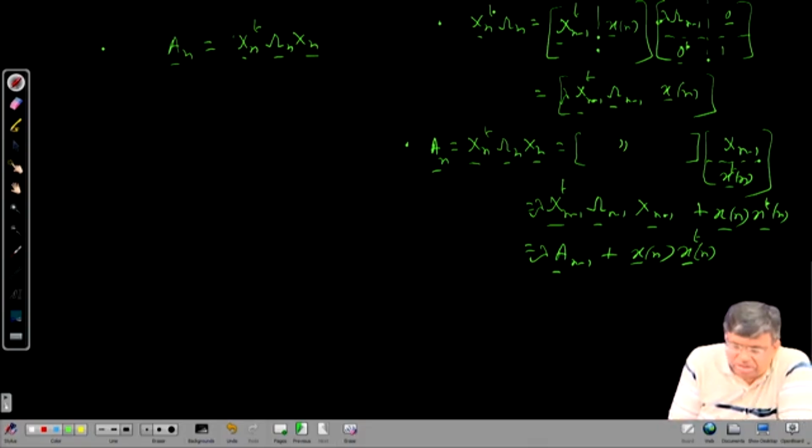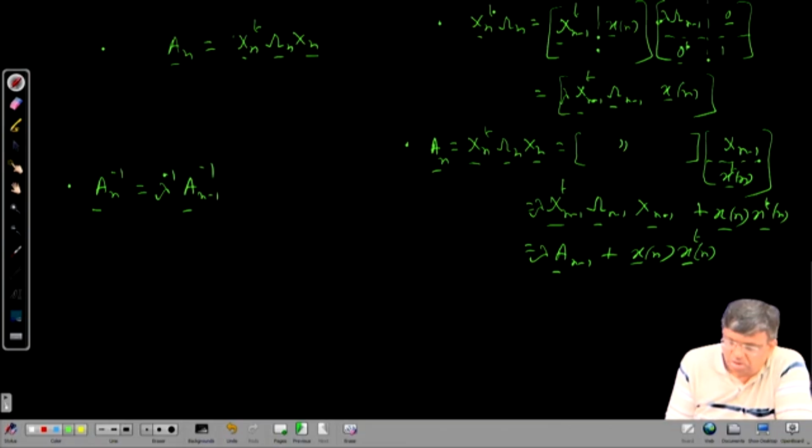Then using the matrix inversion lemma and always assuming invertibility, we obtain this very important result, lambda inverse. From the inverse corresponding to the n minus 1th index, how the inverse of A at the nth index is generated, that also you can work out using that matrix inversion lemma, and that was actually this.